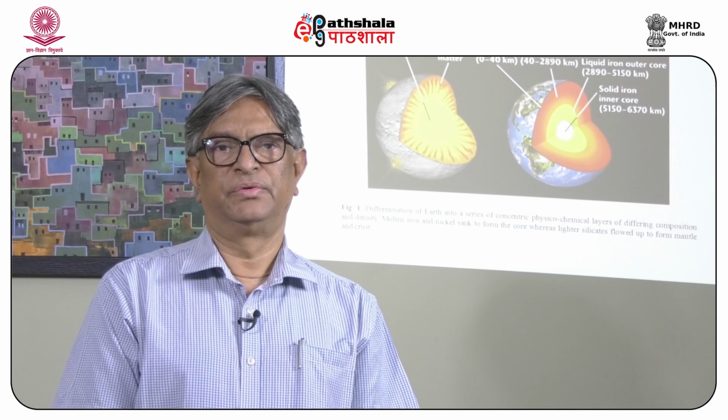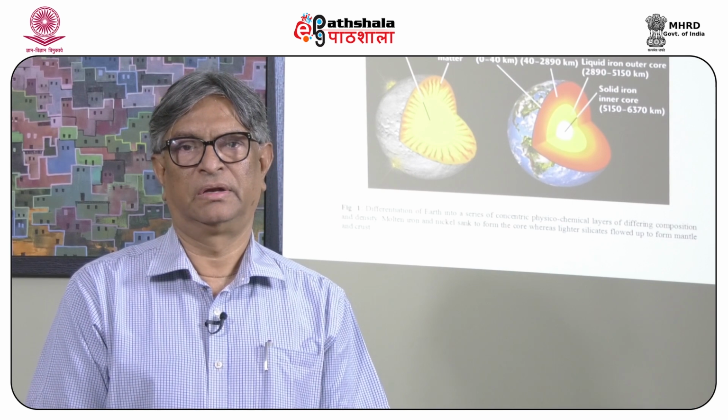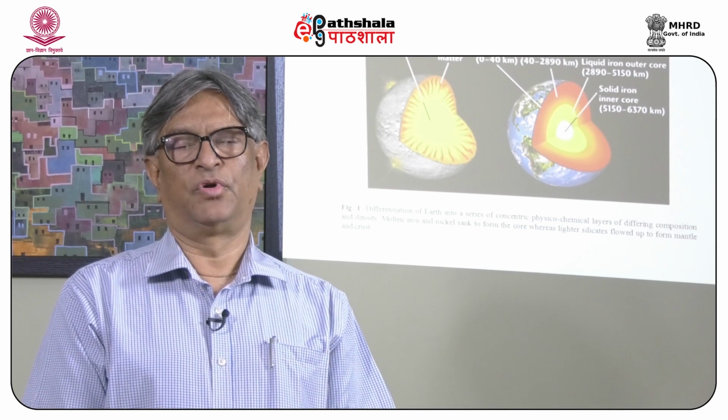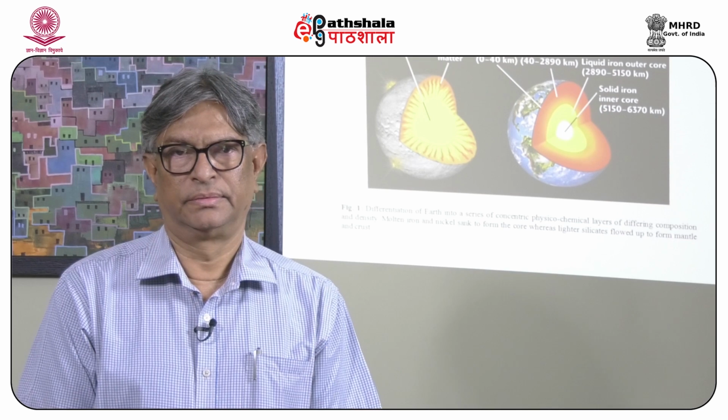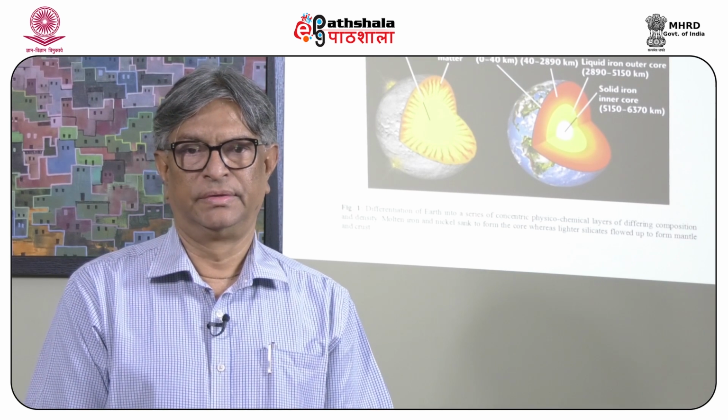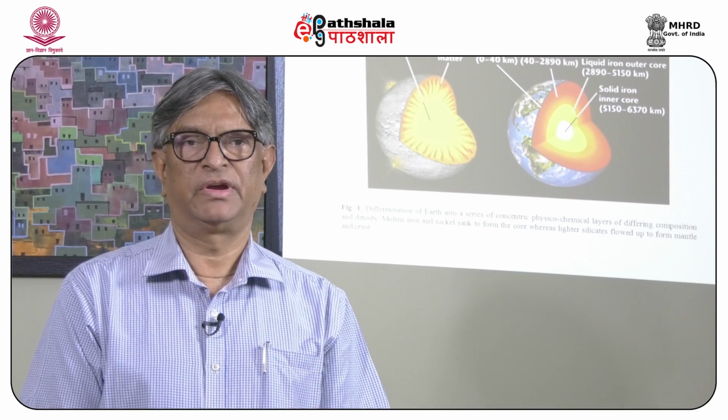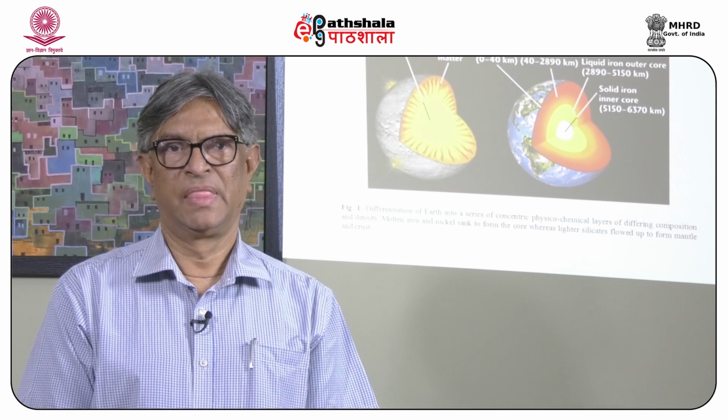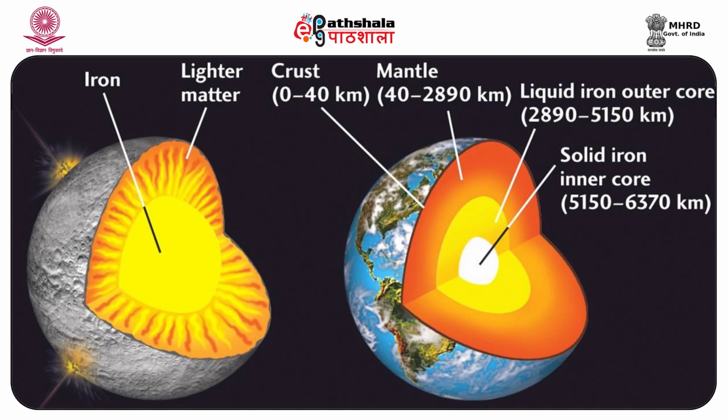Let me explain to you what are these different portions of the Earth. The Earth is subdivided into different shells: the inner core, the outer core, upper mantle and crust.